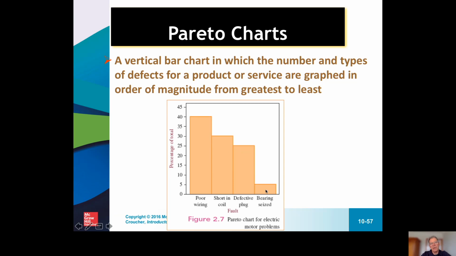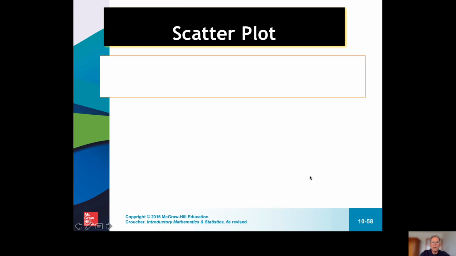So a nice way of presenting data, or a good reason for presenting data in this format, Pareto chart. And again, in Excel, you just sort the data from highest to lowest and then graph it, and you'll get a Pareto chart. We'll do a little bit of that in class as well.